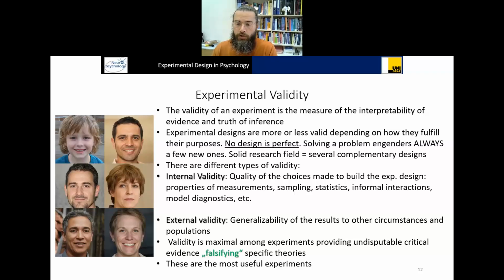So if you only measure a very specific circumstance with your design, the generalizability will, of course, be much more limited than when you include other expressions of your variables in your design.